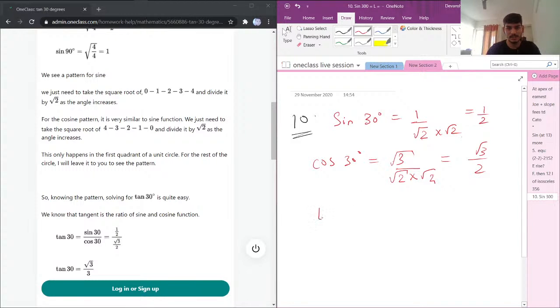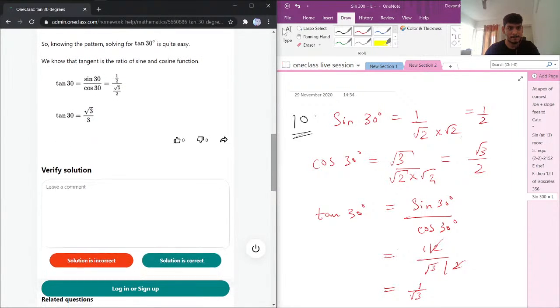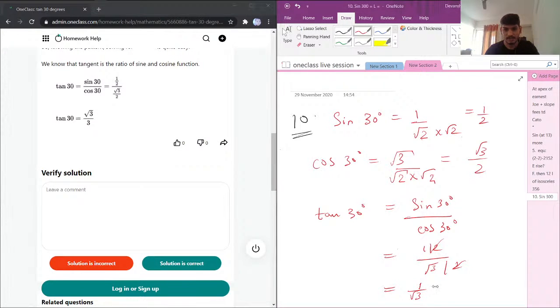And tangent of 30 degrees will be sine of 30 degrees over cosine of 30 degrees. So it will be 1 by 2 over root 3 by 2. This gets cancelled and it will be 1 by root 3. So yep, the solution is correct. If I just multiply, I get root 3 by 3.